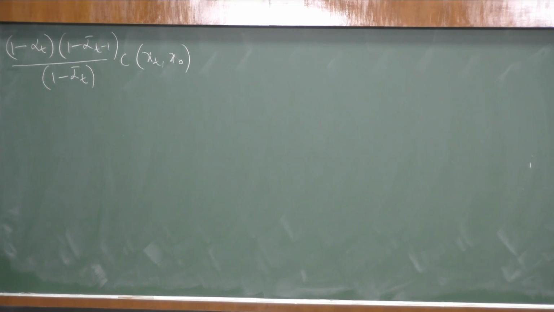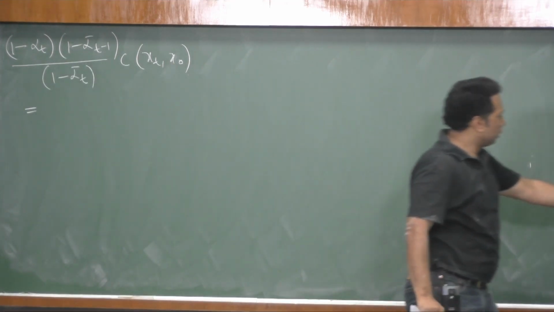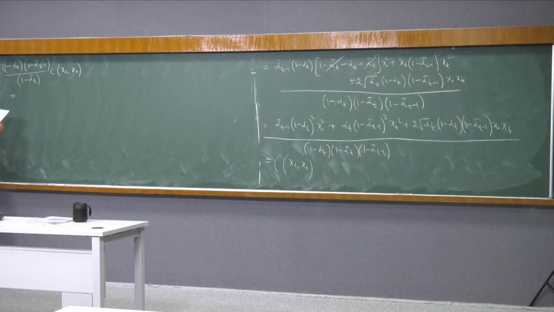If we now look into this, basically this and this are in the denominator here, so those two get cancelled. And in the denominator this was one of the terms already there, so that makes it a square.